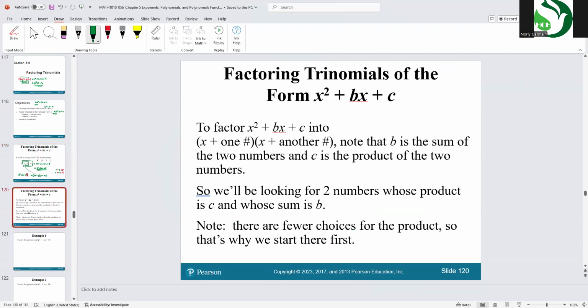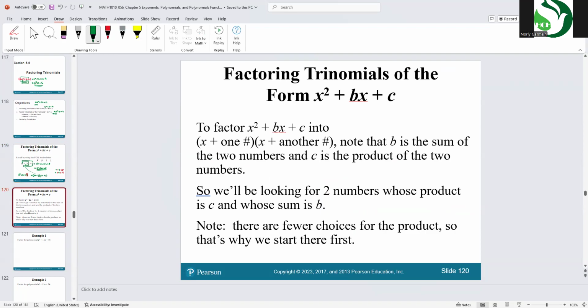So note that b is the sum of the two numbers and c is the product of the two numbers. We will be looking for two numbers whose product is c and whose sum is b.